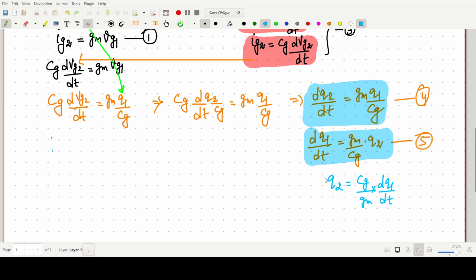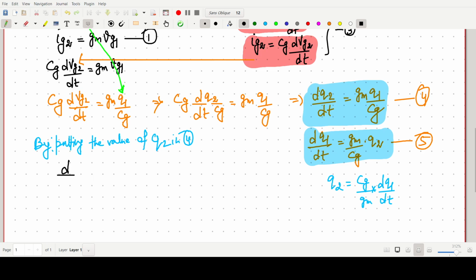Now by putting the value of Q2 in equation 4, we will make a second order differential equation.